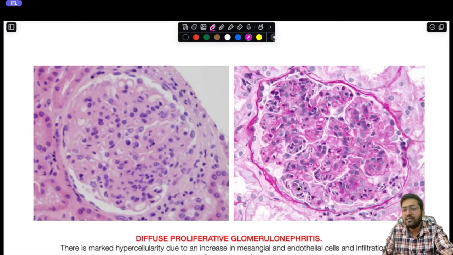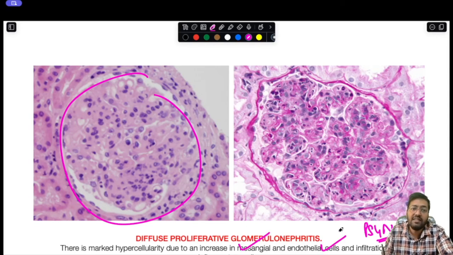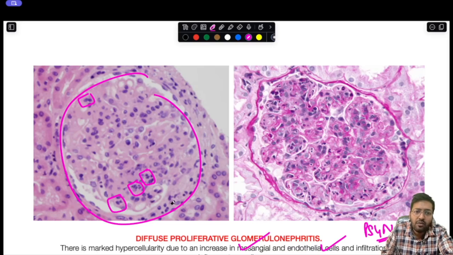So as you can appreciate, this is the case of acute PSGN or diffuse proliferative glomerulonephritis. You can see over here there is marked hypercellularity, there is an increase in the number of mesangial as well as endothelial cells, and lots of inflammatory cells we can see. This is a neutrophil. Okay, can you see such a lot of neutrophils over here, such a lot of inflammatory cells, and some lymphocytes are there.